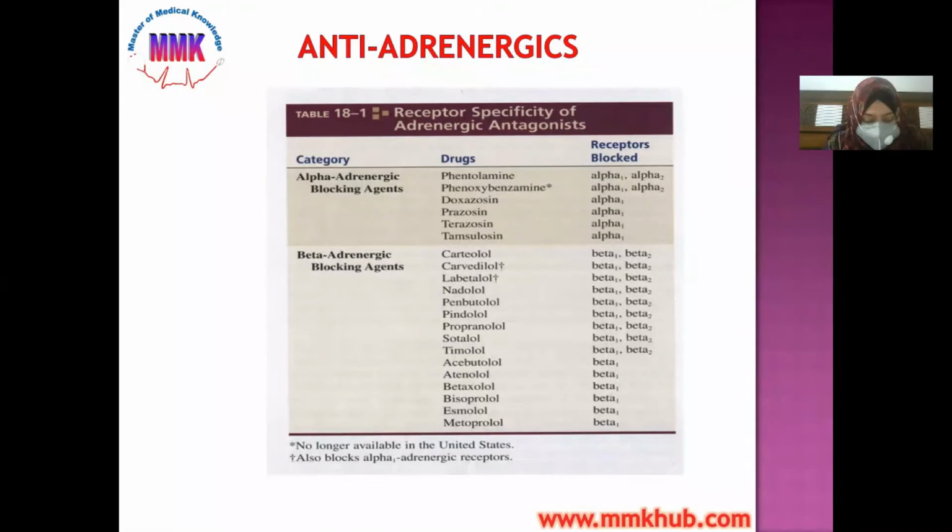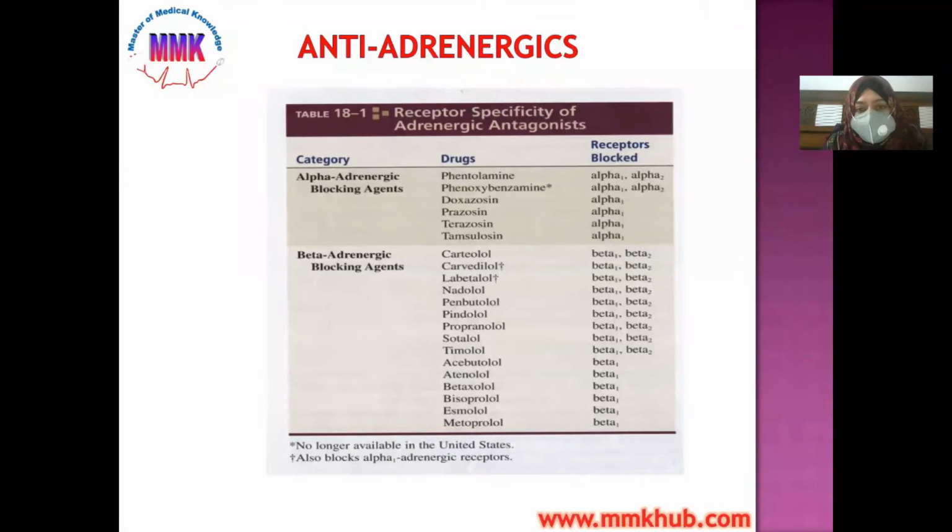When we study the selective and non-selective alpha blockers, we can see that there are two non-selective drugs, phentolamine and phenoxybenzamine. And the alpha-1 antagonists, which work selectively on only alpha-1, are doxazosin, prazosin, terazosin, and tamsulosin.